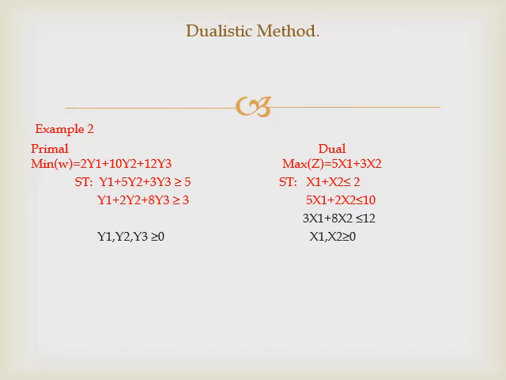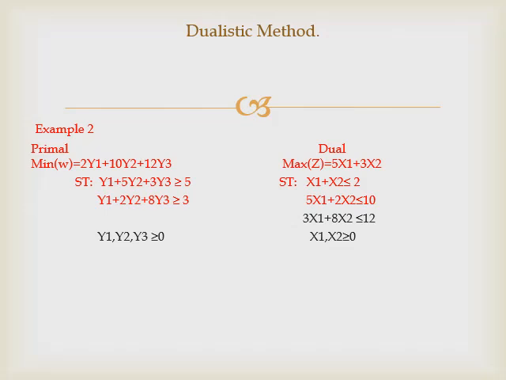The first constraint in the dual is the first column in the primal. The second constraint represents the second column in the primal. The last row of constraint in the dual represents the last column of constraints in the primal.